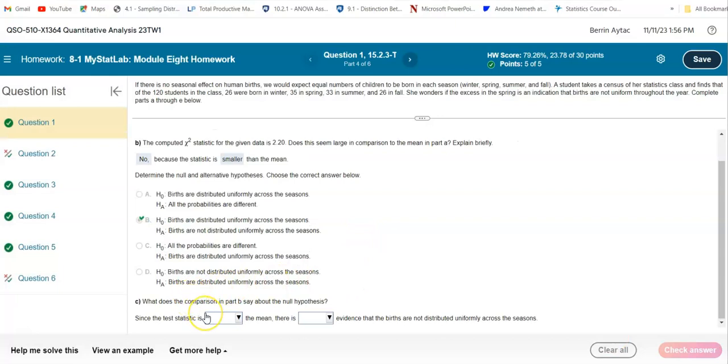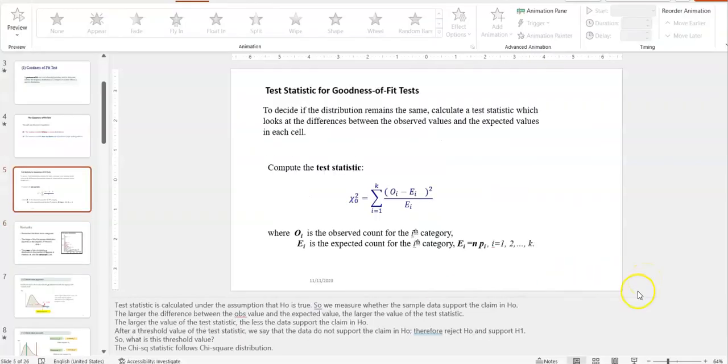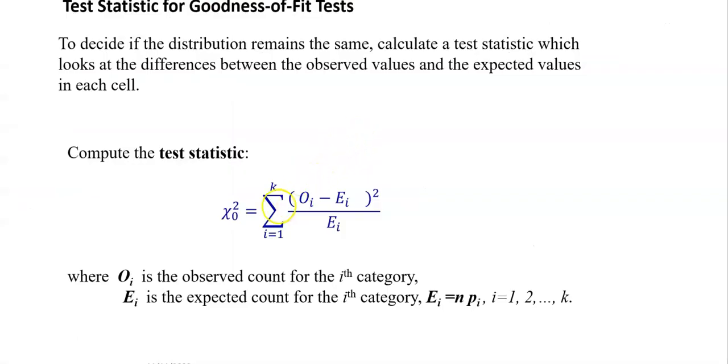What does this comparison in part B say about the null hypothesis? Now, the test statistic 2.2 is smaller than the mean. Remember, the test statistic shows the squared deviations of observed values from the expected values.